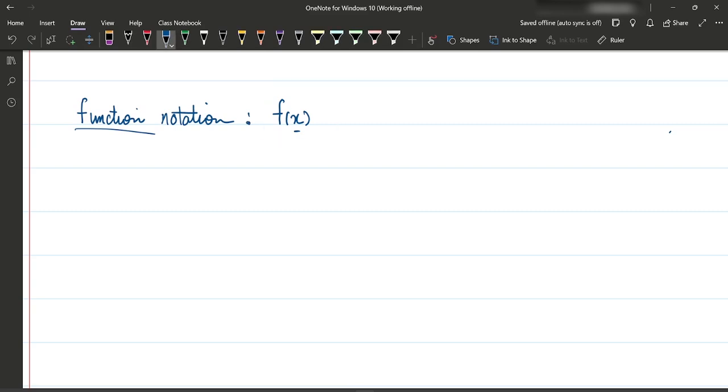That's not the only notation. We also have something like this. Here we can have our function. This is telling us that whatever we have on the right hand side is what our metaphorical machine is.